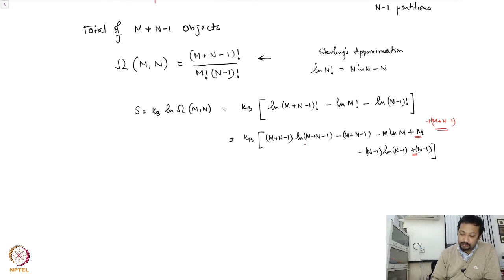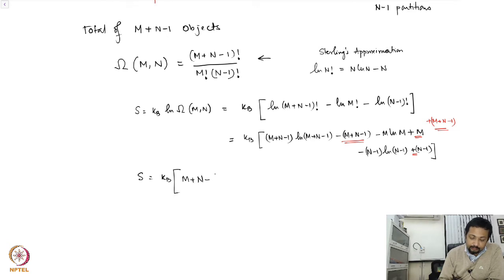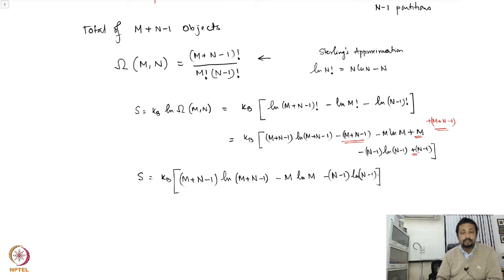So this factor now cancels with this factor, and you have S equal to Kb times (m plus n minus 1) ln of (m plus n minus 1) minus m ln m minus (n minus 1) ln (n minus 1). This is the entropy of the system.